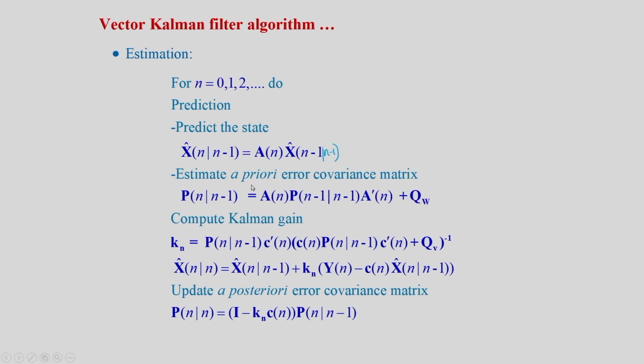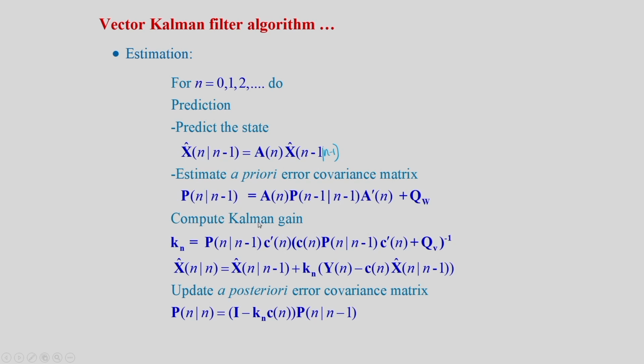Then we will have to estimate a priori error covariance matrix or prediction error covariance matrix, that is given by P of n given n minus 1, and this is related to previous estimation error covariance matrix by this relationship. This is the state matrix A n into P n minus 1 given n minus 1 into A n transpose plus Q W. Q W is the covariance matrix of the process noise. So, we have the a priori error covariance matrix or prediction error covariance matrix.